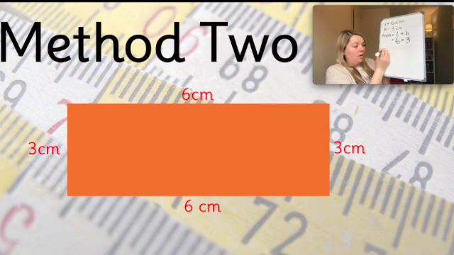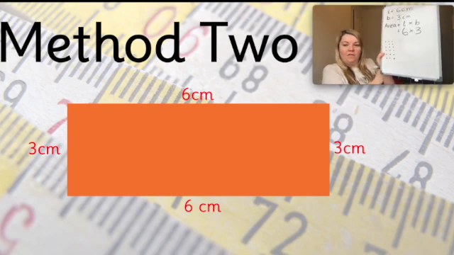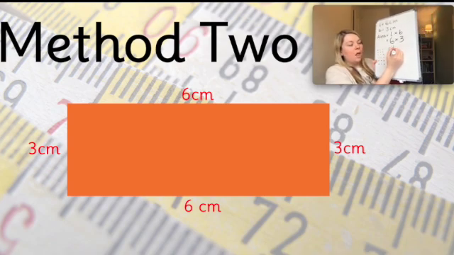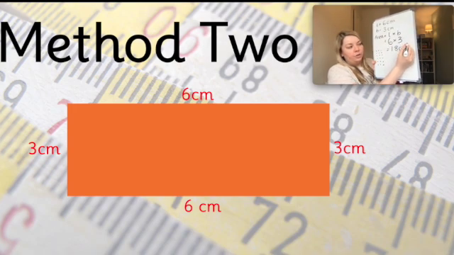That's 1 group of 3, 2 groups of 3, 3 groups of 3, 4 groups of 3, 5 groups of 3, 6 groups of 3. And I could count them: 1, 2, 3, 4, 5, 6, 7, 8, 9, 10, 11, 12, 13, 14, 15, 16, 17, 18. So my answer is 18 centimetres squared.